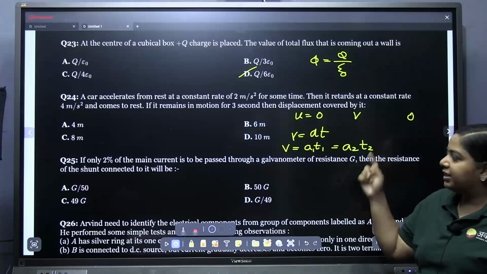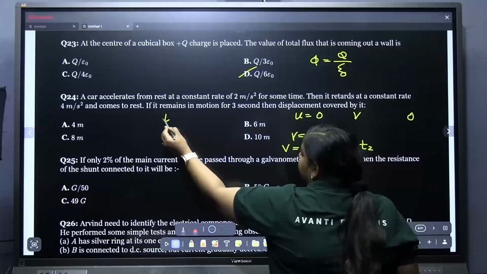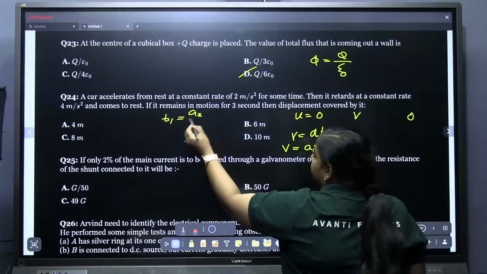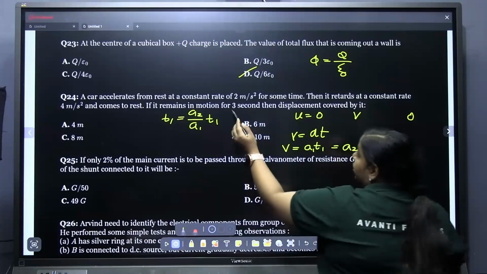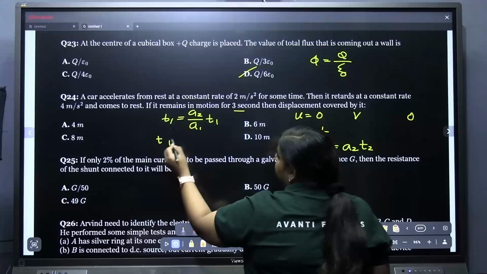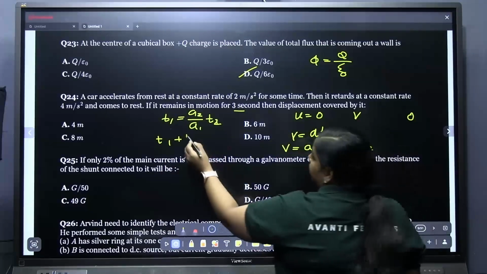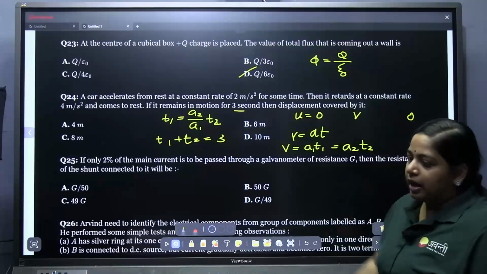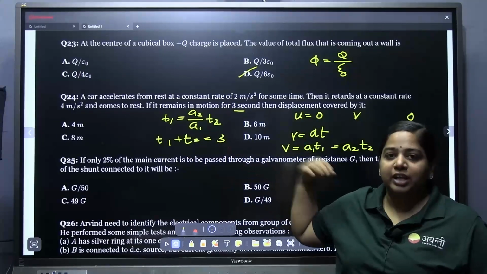Then you will get a relation between t1 and t2, that is t1 equal to a2 by a1 into t2. Also total time is 3 seconds, so t1 plus t2 is equal to 3. Using this you can solve for time 1 and time 2.